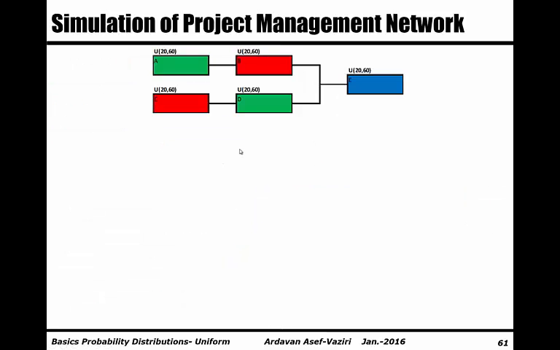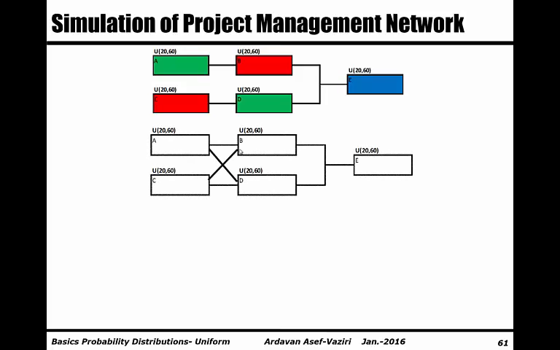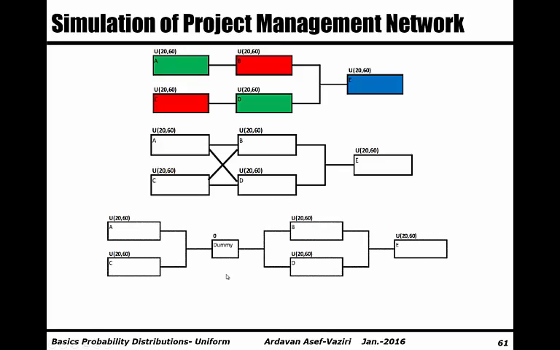We can look at this project like this. We can say both C and A are precedence to B, and for D, both A and C are precedence. Or we can represent them like this. There is a dummy activity. We cannot start it unless both A and C are completed.